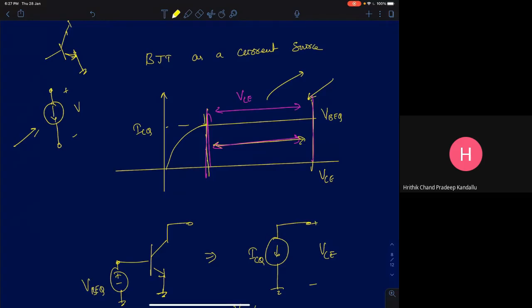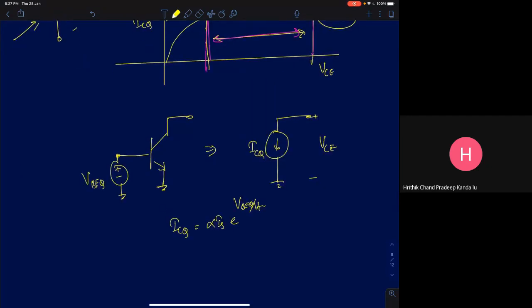Okay, now understand this, VB is fixed here. Because your collector current, look at this, the collector current has only a dependence on VB. So what will I do? I'll take a BJT, for example, an NPN transistor, and fix the VB quiescent. I'll always force it to a fixed voltage. I won't let the voltage change.